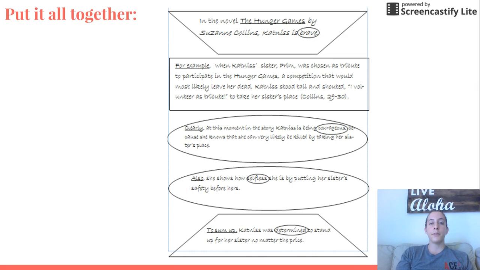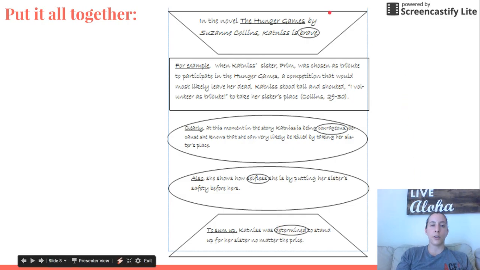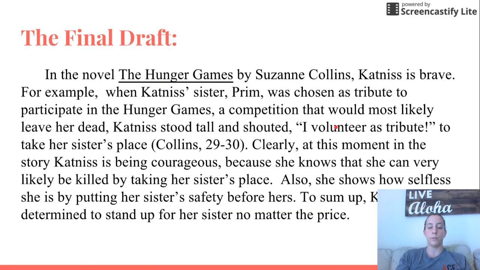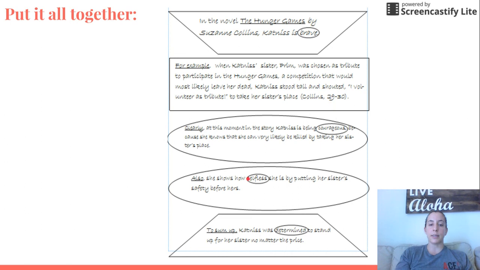When you put all of these boxes together, your paper should look something like this. Notice I have my web off the word circled: brave, courageous, selfless, and determined. And I have my transition words underlined. For example, clearly, also. Obviously, in your final draft, you won't have to do that, but I think it's a good idea when you're planning your paper that you underline and circle these things just to mentally check that you have them all.